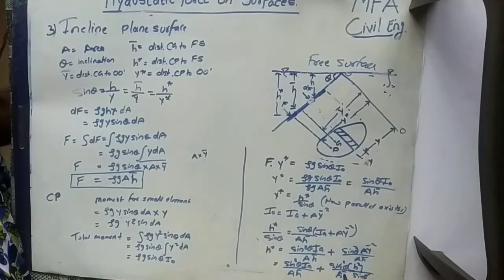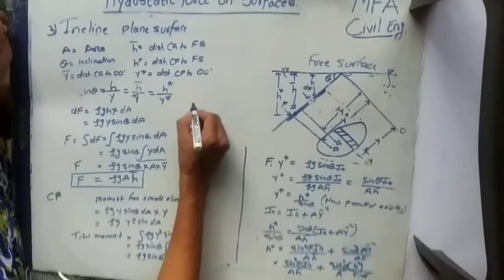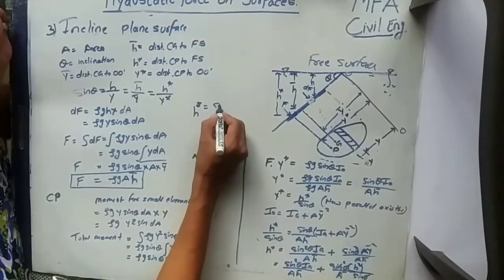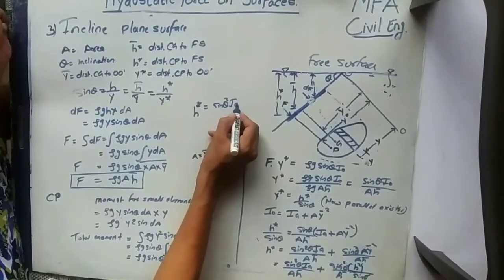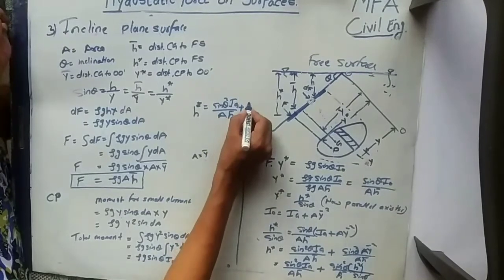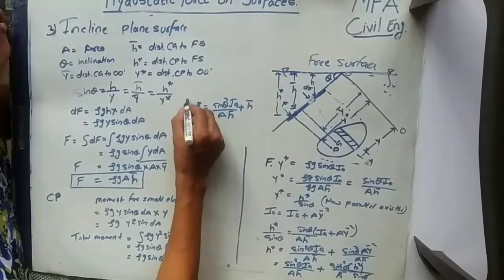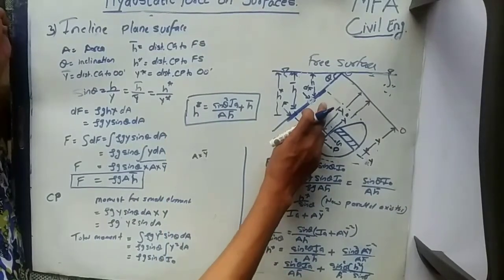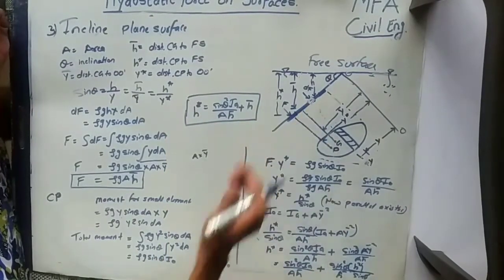Sine square theta gets cancelled, one h bar gets cancelled. Now h star is equal to sine square theta into Ig divided by area into h bar, plus h bar. This is the expression for the center of pressure for the inclined plane surface.